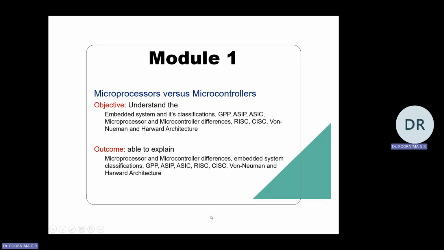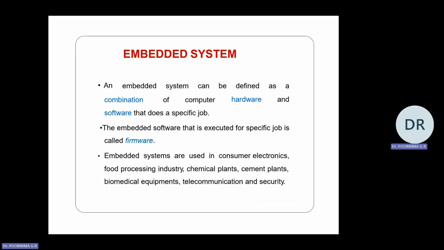Let us move on now to understand the definition of these embedded systems. An embedded system is defined basically as a combination of both software as well as hardware, which does a specific task.